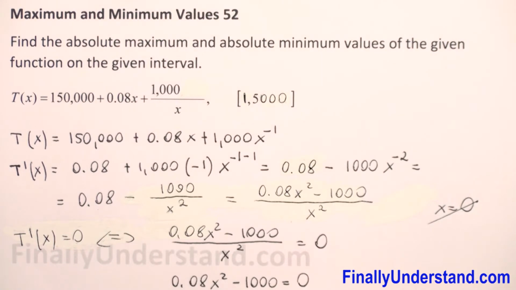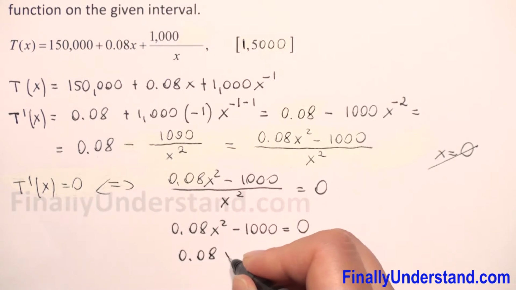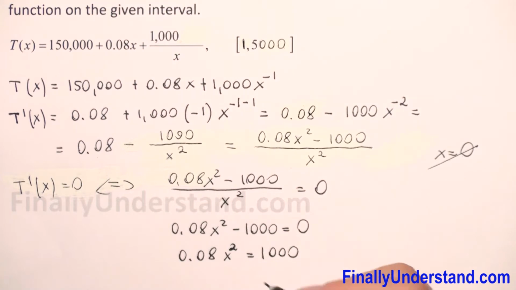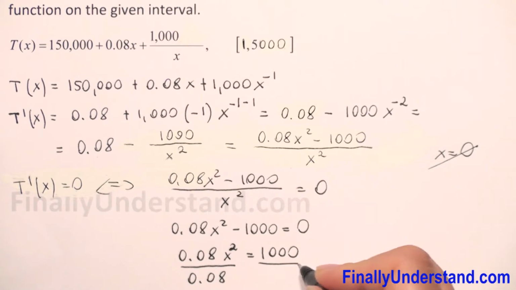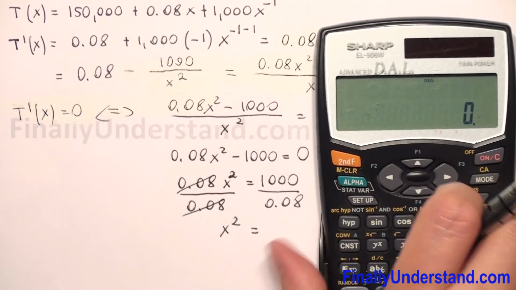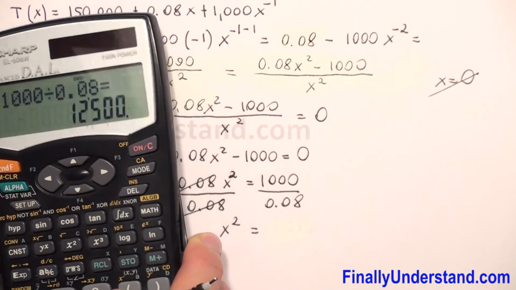I will move -1000 to the right side, so we have 0.08 x squared is equal to 1000. Now I will divide both sides by 0.08. So this we can reduce, so we have x squared is equal to 1000 divided by 0.08, this is equal to 12,500.